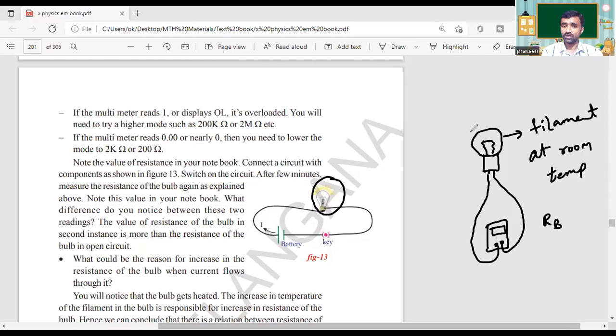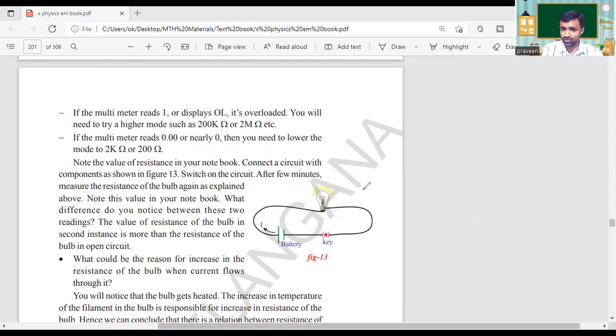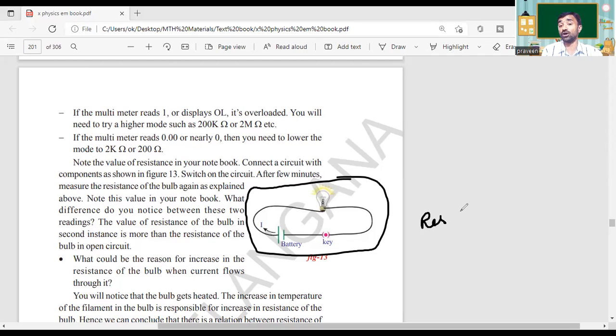Then what to do? Just you have to connect as you see in this circuit here, right? So once you connect this bulb into the circuit, what happens? The bulb starts glowing, right? A few minutes later, just you need to check the resistance of the bulb. Already you have one measurement.